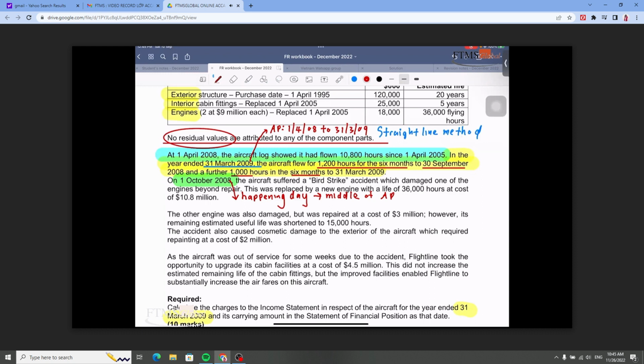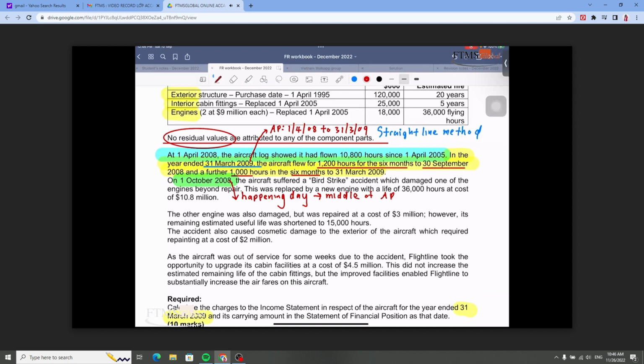But now it happened in the middle. So I will show you what's the implication. Anyway, I tell you now, if things happen in the middle, you need to calculate the opening balance of the asset. You always need to calculate the opening balance of the asset. Okay, I will show you soon.